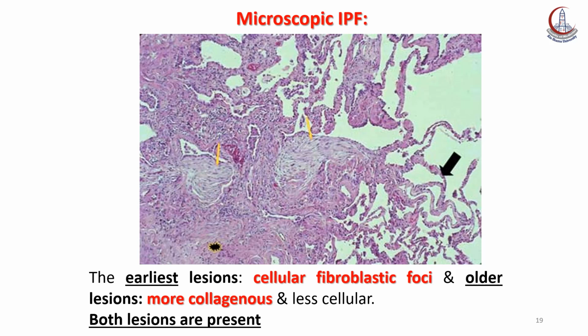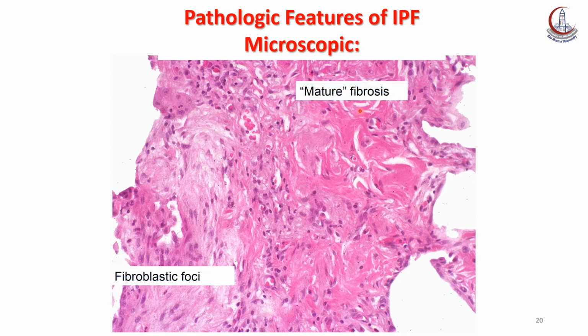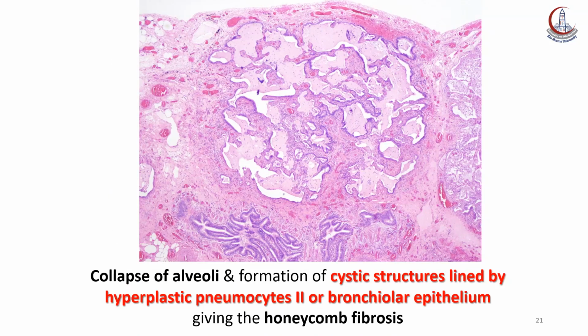Both lesions are present in the same patient at the same time. The lesion is temporally heterogeneous. Again, there are cellular areas and collagenous areas: mature collagenous and fibrotic areas, and fibroblastic foci, meaning presence of fibroblasts.